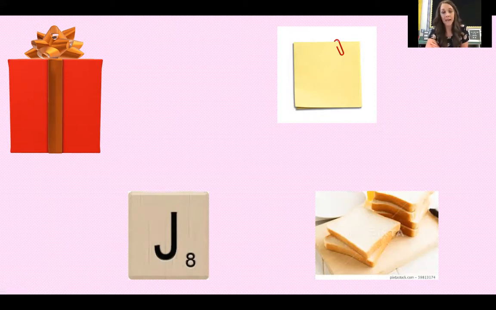And remember, a side is what again? A straight edge. You're exactly right. Let's count the sides of this shape together. Are you ready? 1, 2, 3, 4. This shape has 4 sides or 4 straight edges.